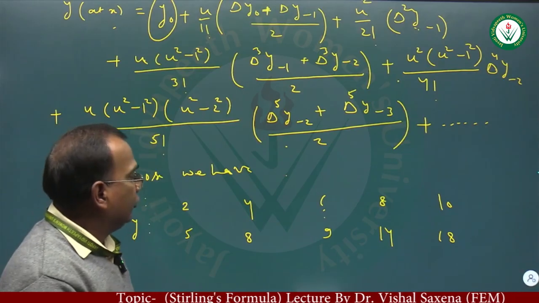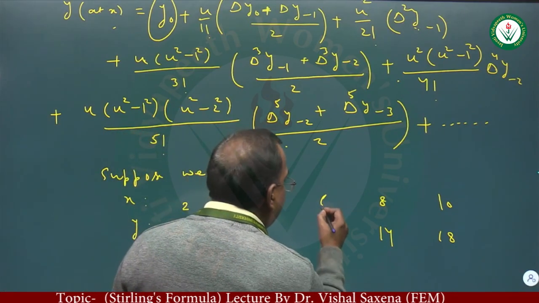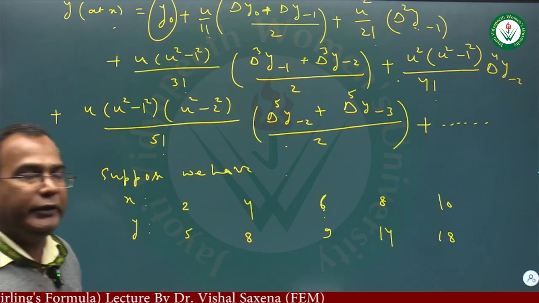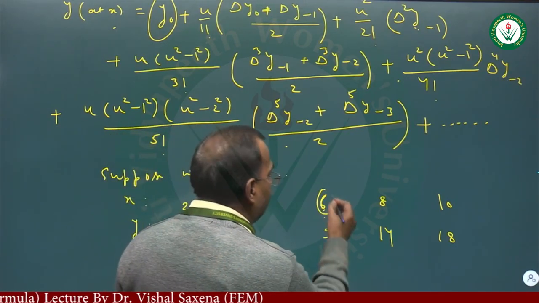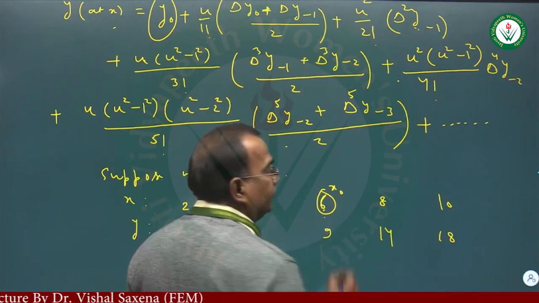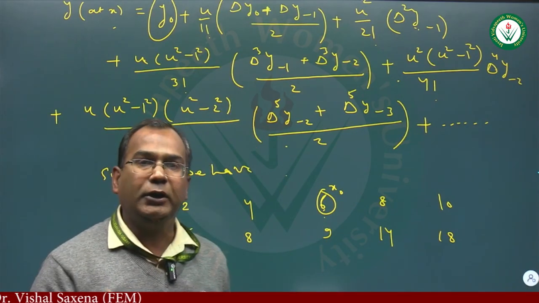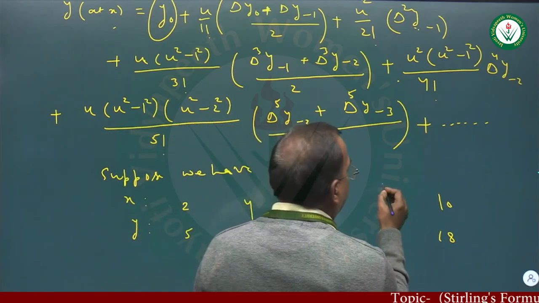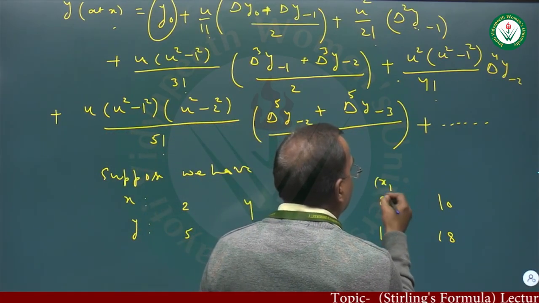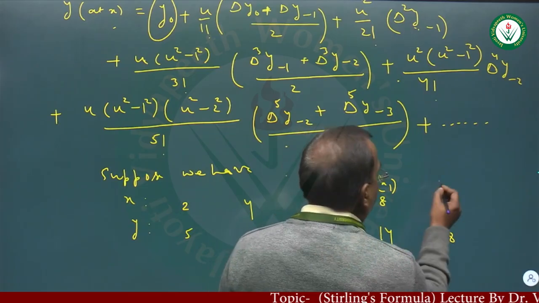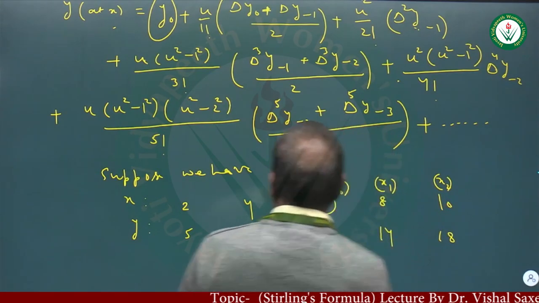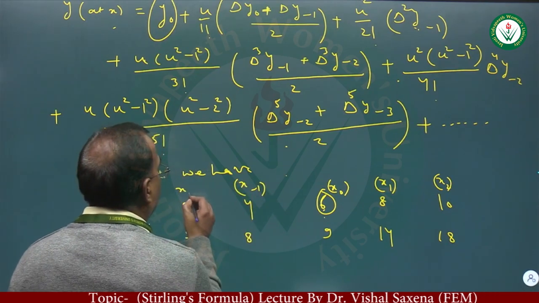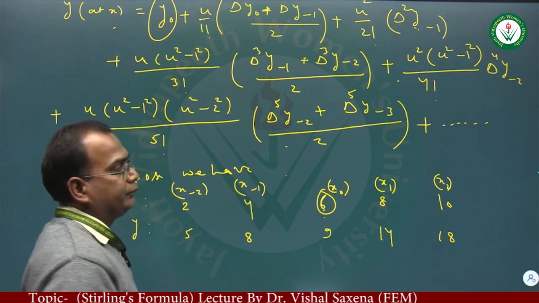Here we can see that the mid value is 6, so we can give its name as x naught, at the center for the Stirling's interpolation formula. Then the next is taken as x1, this is x2, and then here it is x minus 1, and then x minus 2.